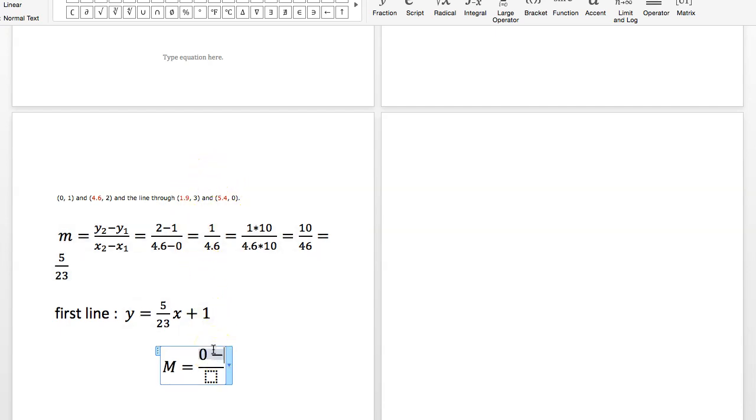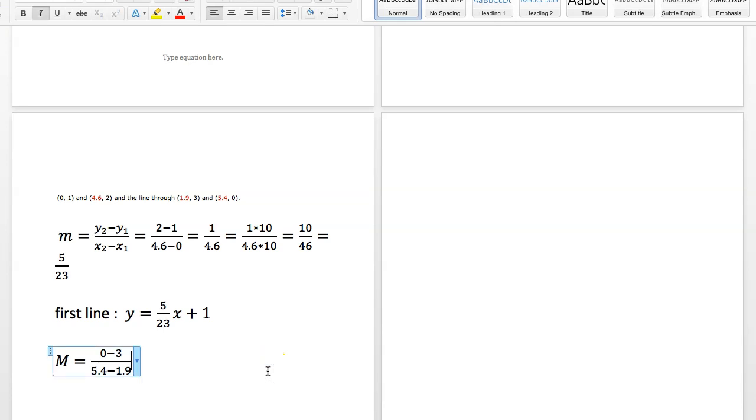Now 0 minus 3, and then I'm going to have 5.4 minus 1.9, and then so that's going to be negative 3 over 3.5. Ew.